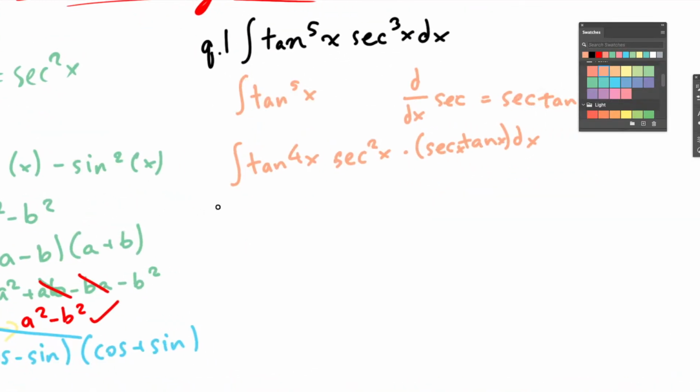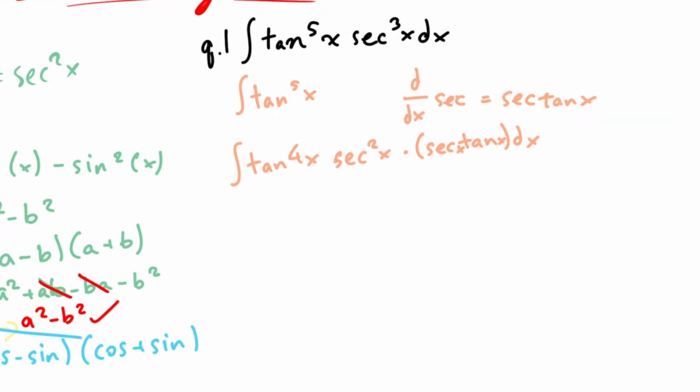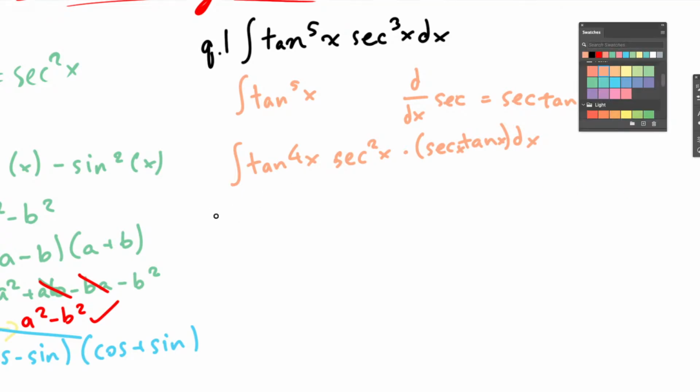Okay. So, to anyone who didn't understand, not that anyone's even watching the stream. Basically, tangent squared theta plus 1 equals secant squared theta. And this is a Pythagorean identity.